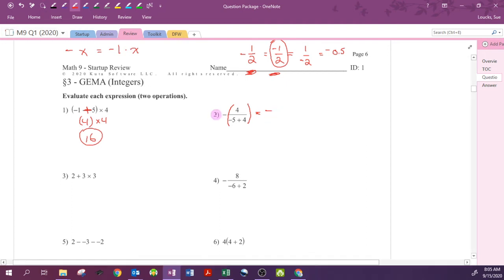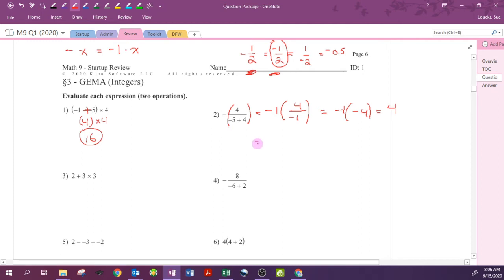So this negative is actually negative 1 times whatever was in the brackets. I'm going to keep the 4 there. I'm going to do the bottom part, which is negative 5 plus 4, which is negative 1. So that becomes negative of 4 divided by negative 1, which is negative 4. And so negative 1 times negative 4 is positive 4.